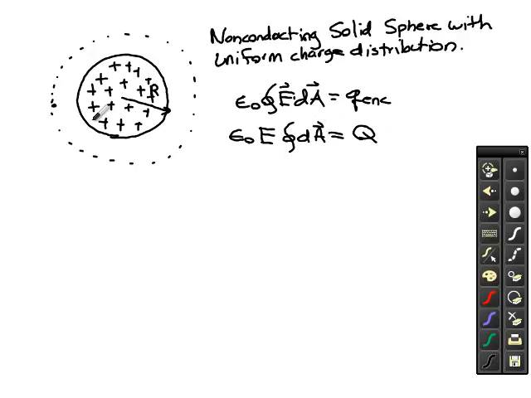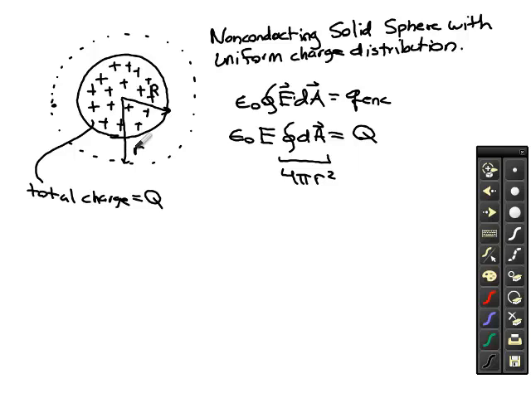By the way, I'm also going to say the total charge is capital Q again. Once again, area is just the area of our Gaussian sphere, 4 pi r squared. Once again, I'm going to call that little r. And you notice that the result is exactly the same as before.